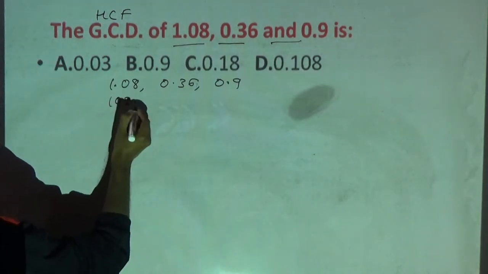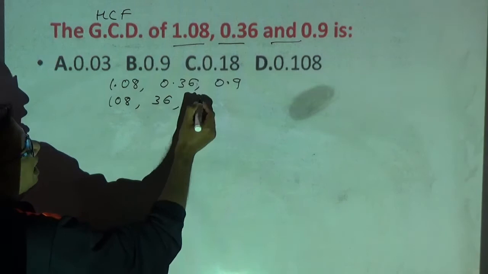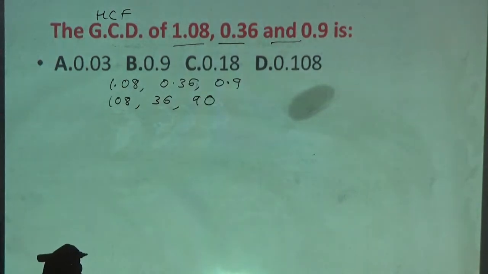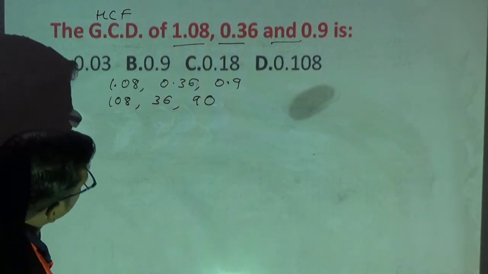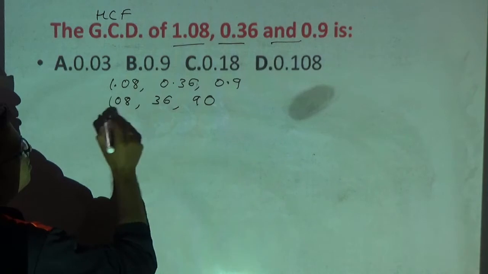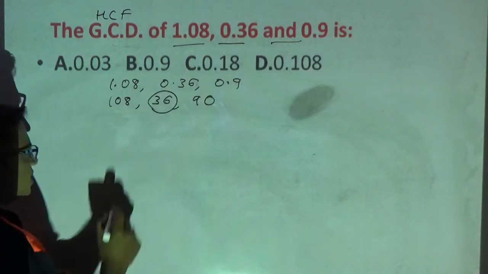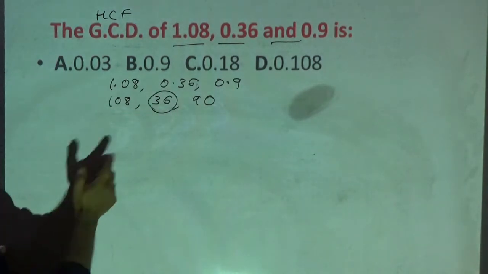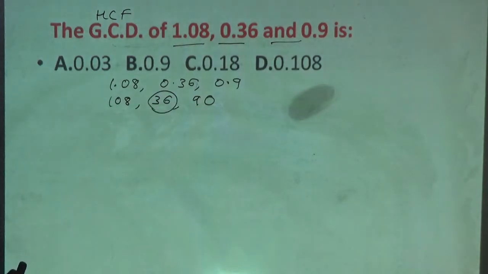So this will become 108, this will become 36 and this will become 90. Now how to find the HCF using my shortcut trick? Find the least number among all these. What is that? 36. Now check whether you can divide 108 and 90 by 36. No, not possible.